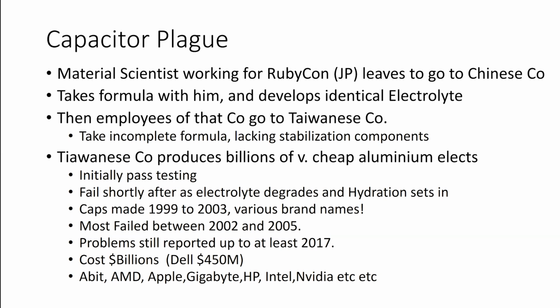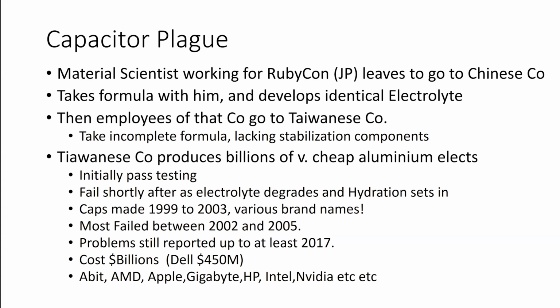So this Chinese company produces billions, literally, 10 to the 9, 10 to the 12, whatever, of cheap aluminium electrolytic capacitors. But these capacitors don't have these stabilization components, but they do have the hydration inhibitor. So they pass testing.